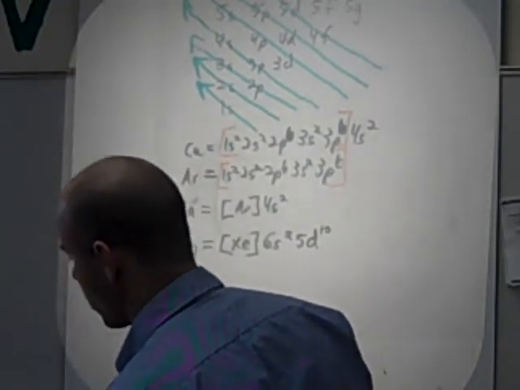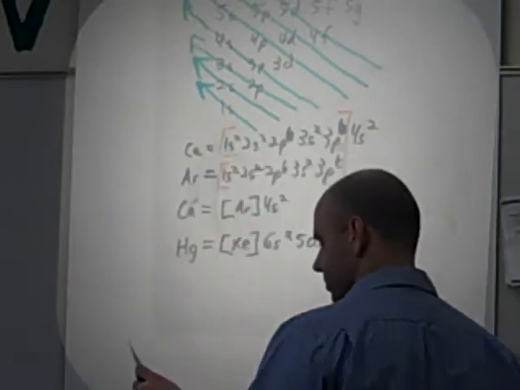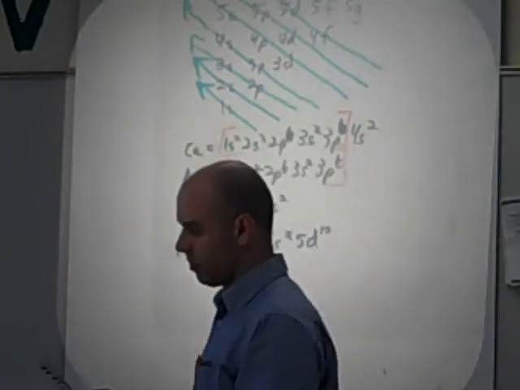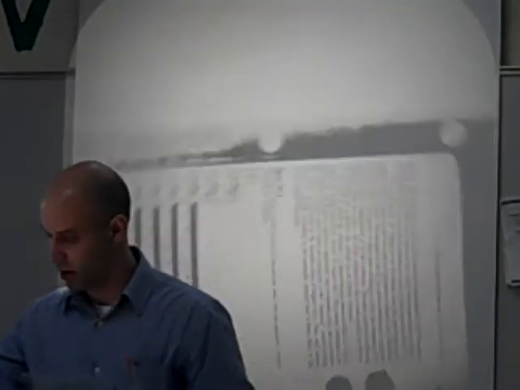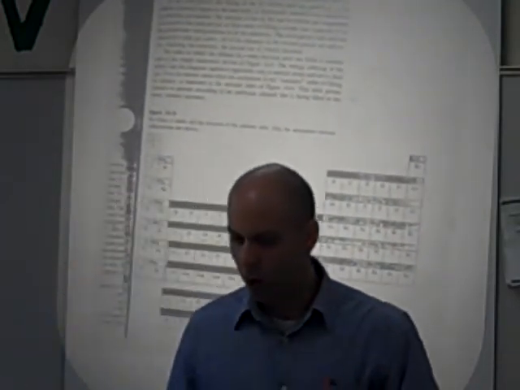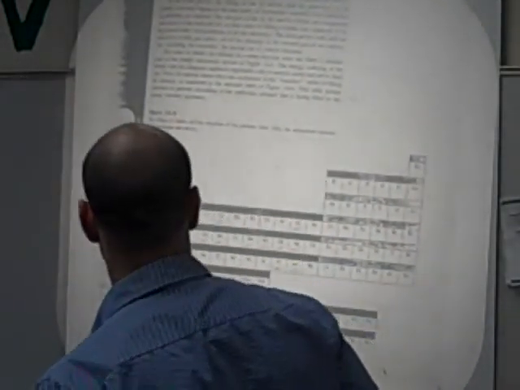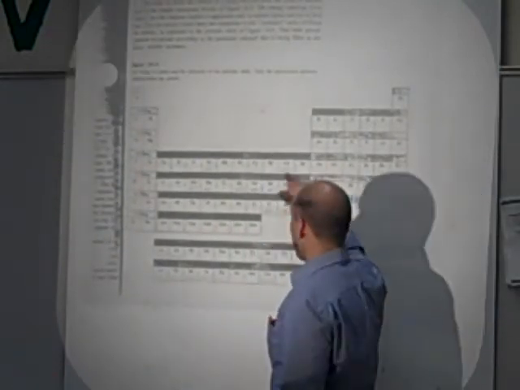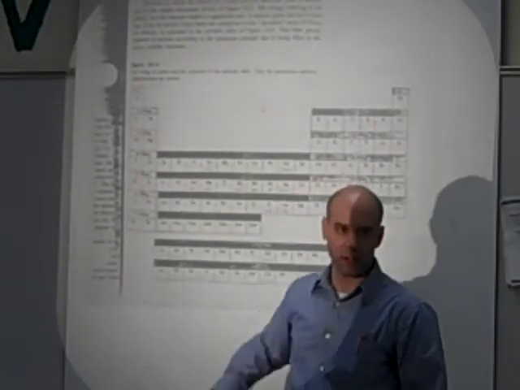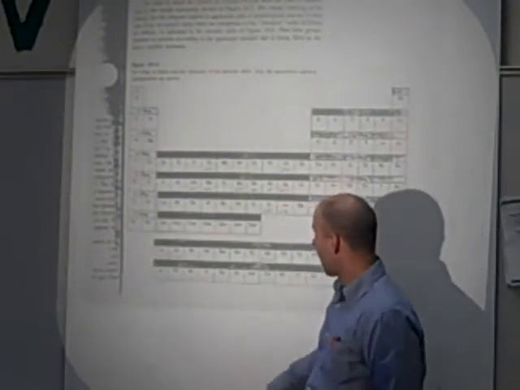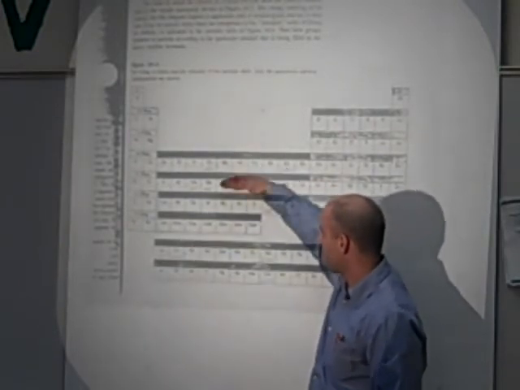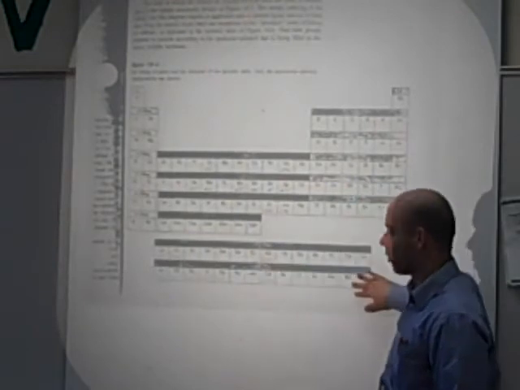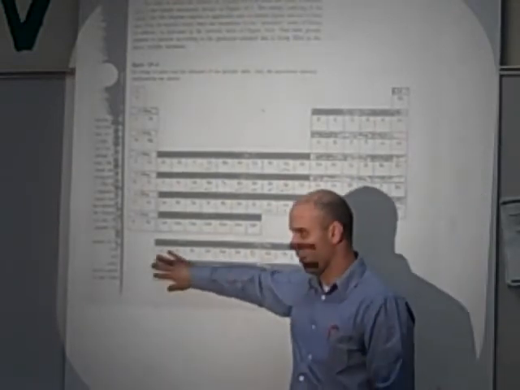Now, it wouldn't be chemistry unless there were some exceptions. And if you flip that periodic table over, I gave you an overhead of the exceptions. These elements do not follow the pattern of filling. And you can see the further you go down the periodic table, the more of them that don't follow the pattern, especially down in the F block.